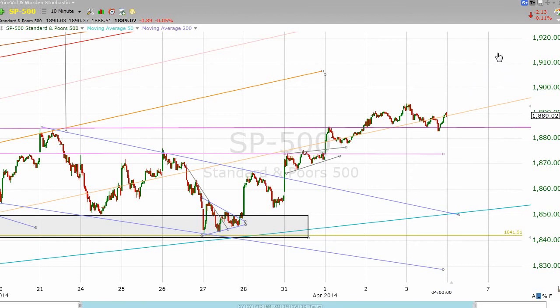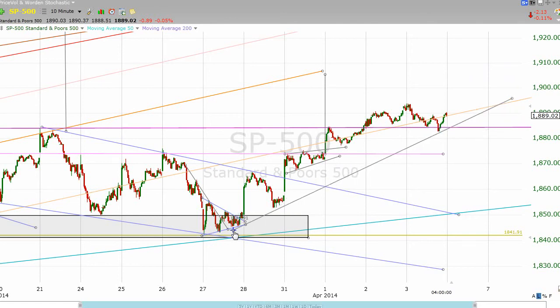Now, what are we looking at? We've got a little bit more data, I think, at this point, to where I'm going to make a rough stab at establishing some trend lines, maybe working off of the lows of the 27th. Okay? So we're going to do that here.